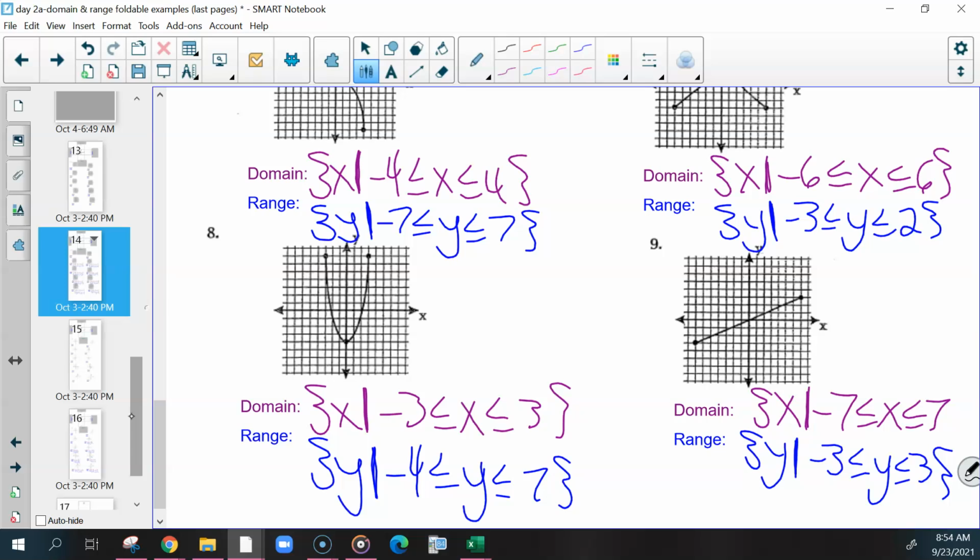Number 9 is up, and then number 6 is up here. Remember that come the test, you can use that as a cheat sheet to really look at the notation.